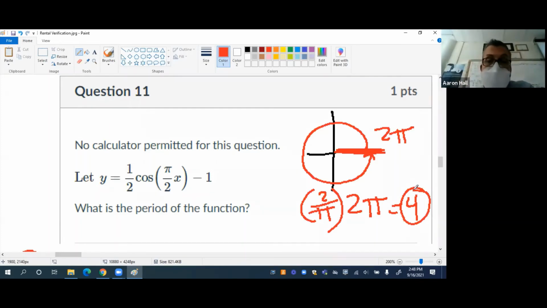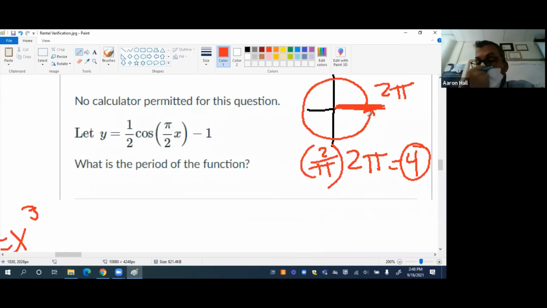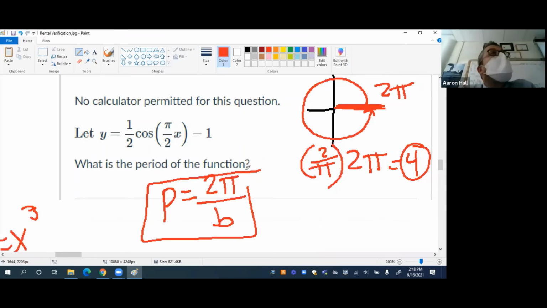The equation works for all sine and cosine, not tangent. Tangent, the equation would be different. But Fernanda, you said that the period was what? What's the equation for it? 2 pi over B. Yeah, that's our equation for period. If you wanted to memorize that, you can.